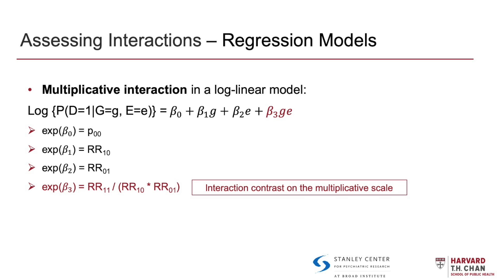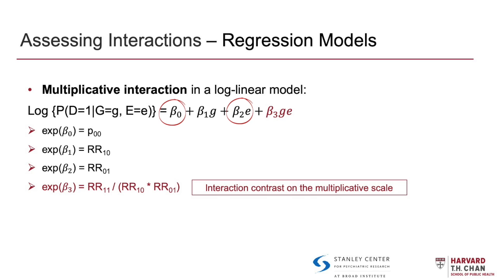On a multiplicative scale, this is something that we can do in a log linear model or in a binary logistic regression model, where we would have the log of a disease in the presence of a genetic as well as environmental risk factor described by beta coefficients depicted here, where we would have the underlying risk, which is beta 0, the coefficient, and then we have beta 1 indicating the genetic risk factor, and beta 2 for the environmental risk factor, and beta 3 for the interaction or the presence of both risk factors.